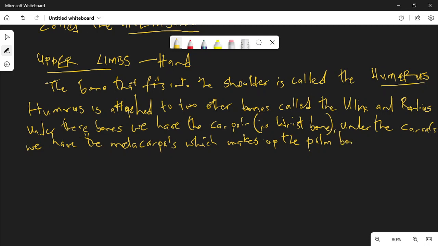The bones in the palm, they make up the what? The palm bones. And then the phalanges.